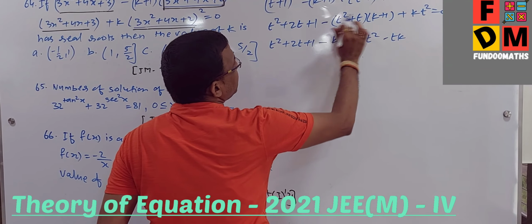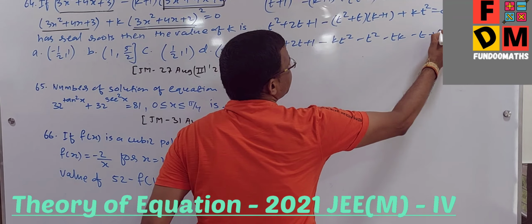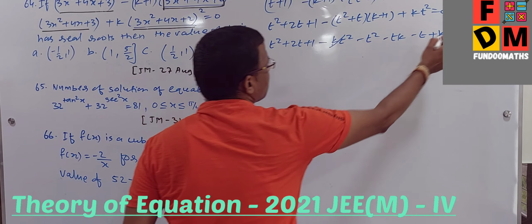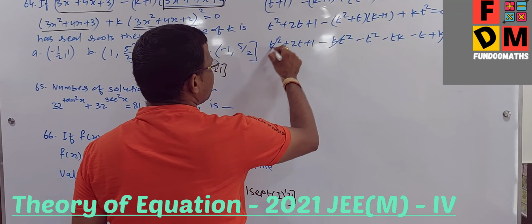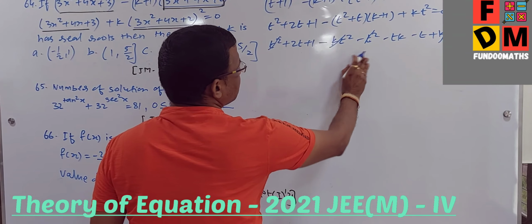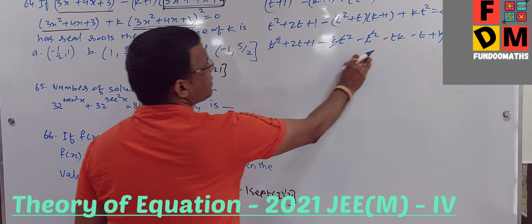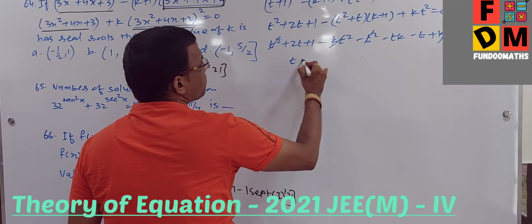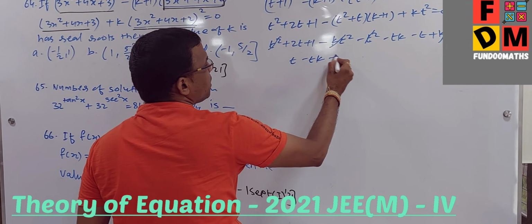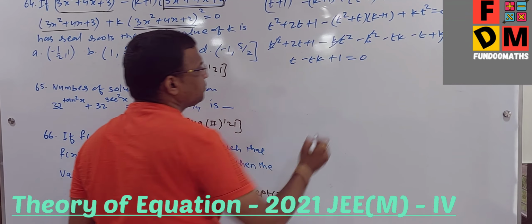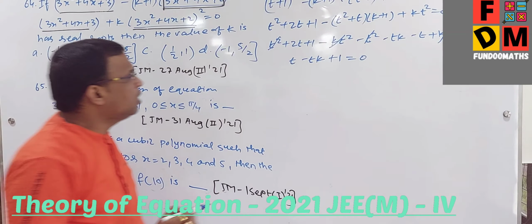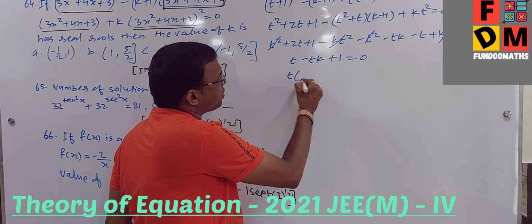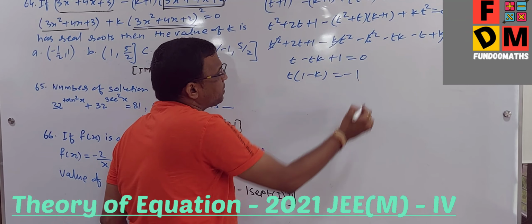Then t ones are t minus t plus kt square is equal to, very simple calculation. So plus kt square minus kt square, t square minus t square, 2t minus t is just t, and this is minus tk, and this is plus 1 is equal to 0. That is something I am getting. Or I can simply say t times 1 minus k is equal to minus 1.